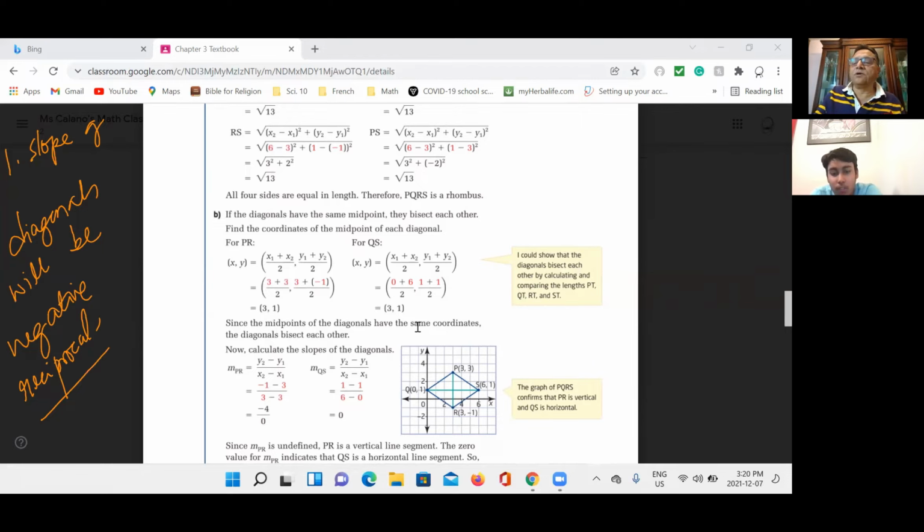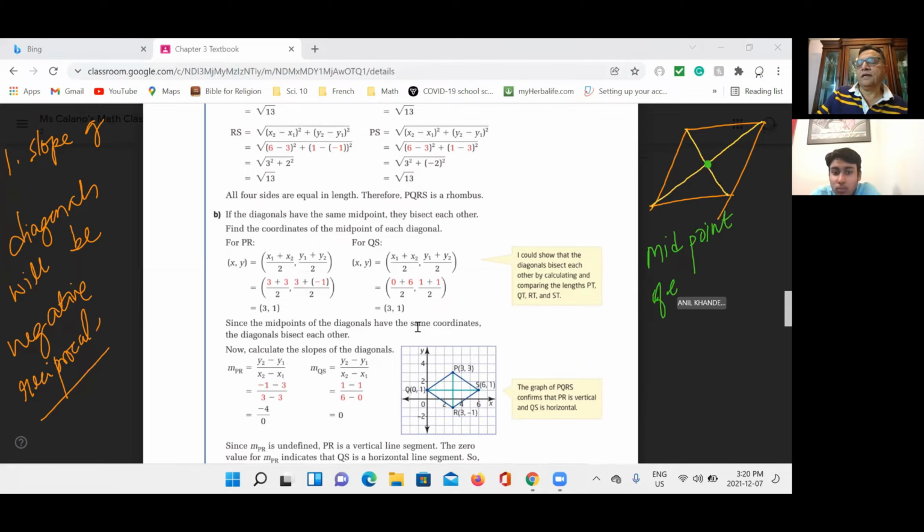Right? So let me again draw this rhombus in general. So we'll find the midpoint of each diagonal.